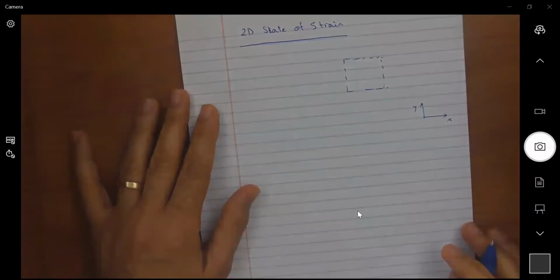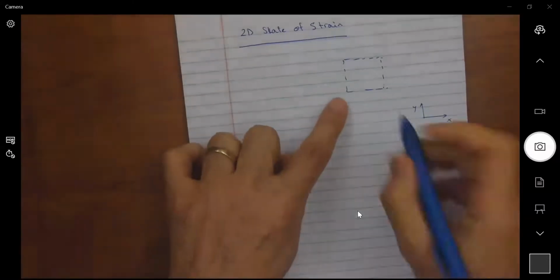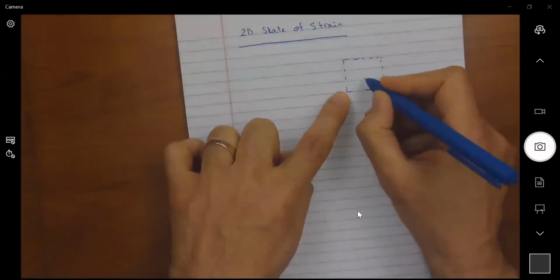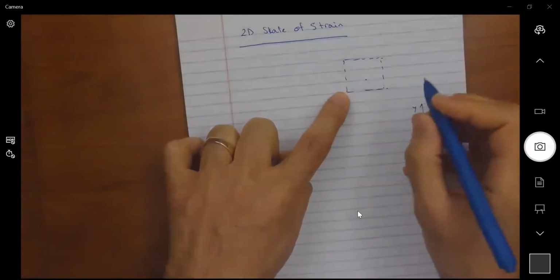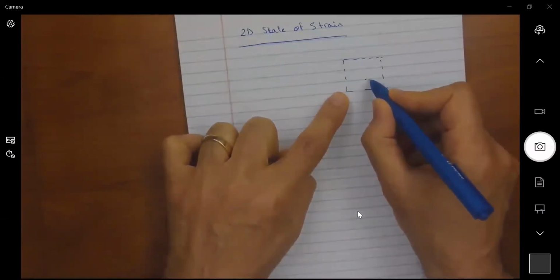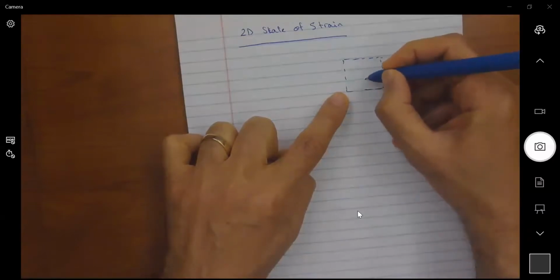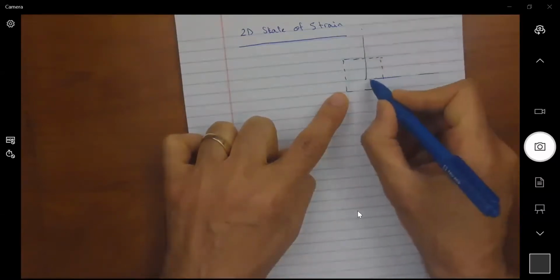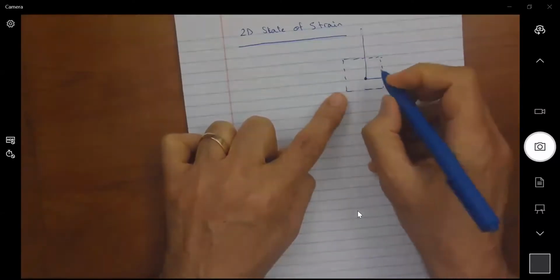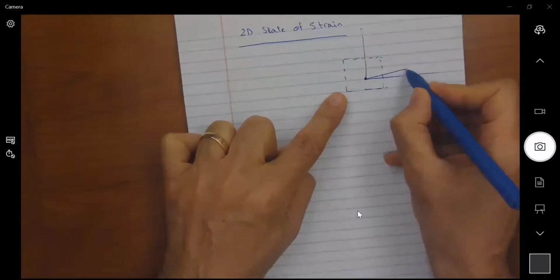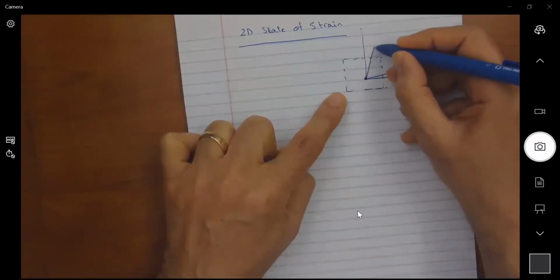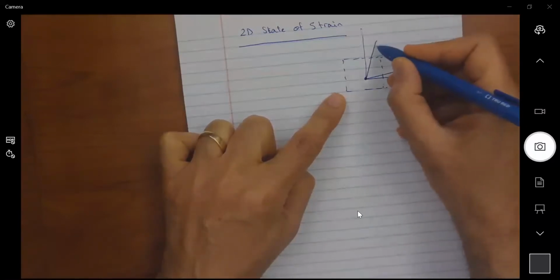If I have plane strain only, this element will displace in plane and will also get distorted. So it's going to look something like this upon distortion.